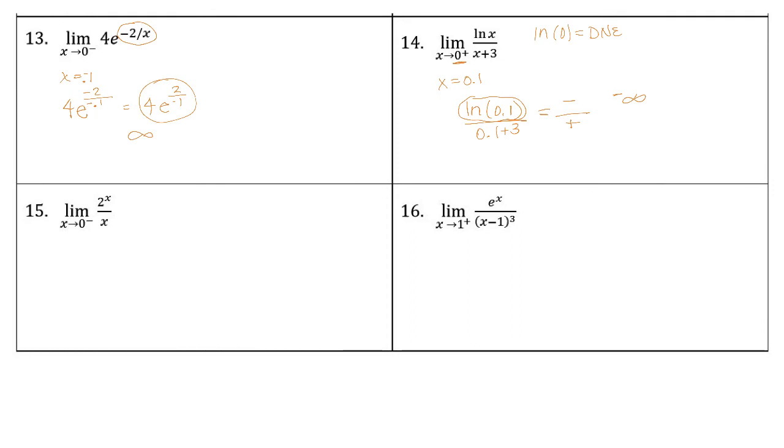Subbing in here, if we plug in 0, I'm going to get 2 to the 0 over 0, which is 1 over 0, which is a vertical asymptote again. So I need to look at a number to the left of 0, so let's do -0.1. And so when I plug in, I have 2 to the -0.1 over -0.1.